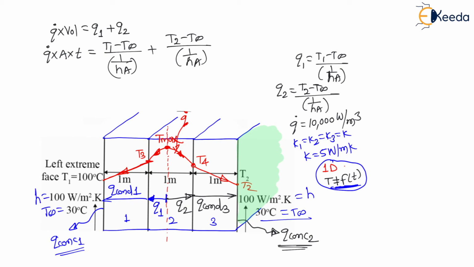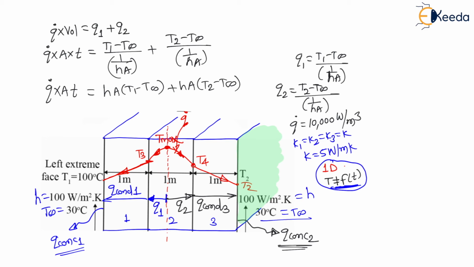Now, my dear students, from both sides area will get cancelled, as this area is a denominator of denominator, then this denominator of denominator will become numerator. Therefore, Q dot into area into t is equal to hA (T1 minus T infinity) plus hA (T2 minus T infinity), right?